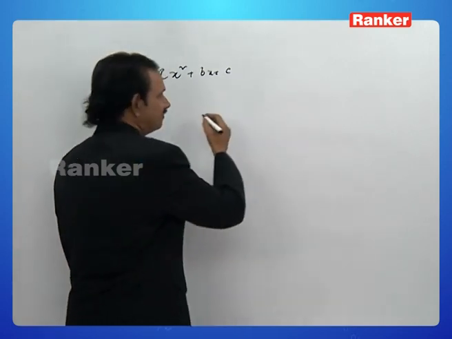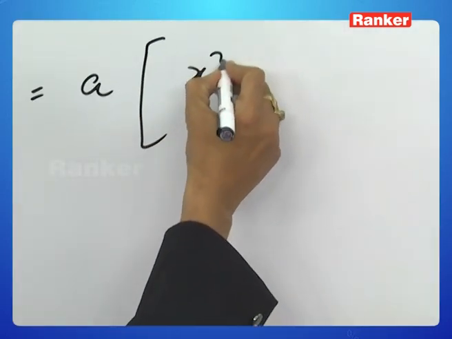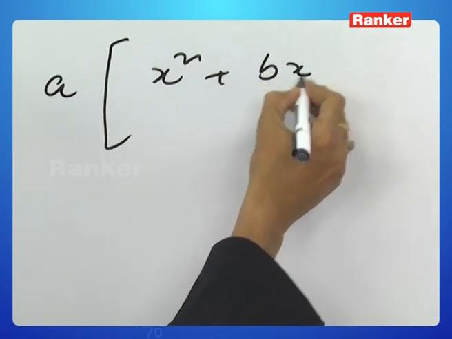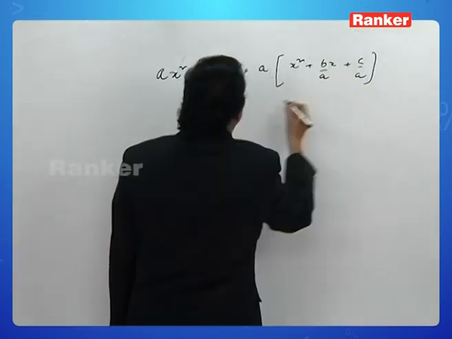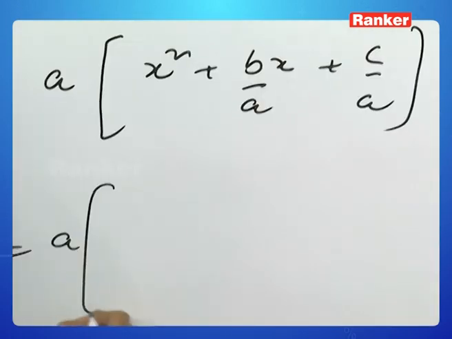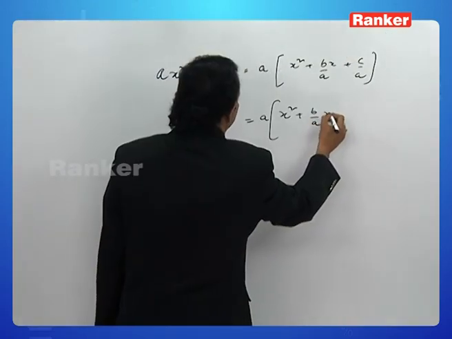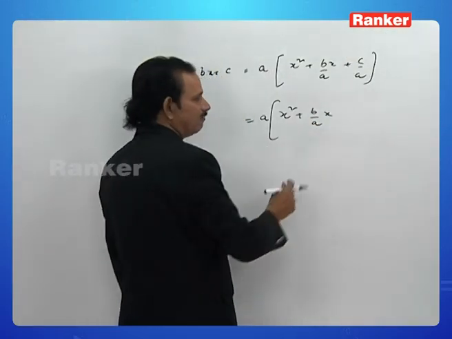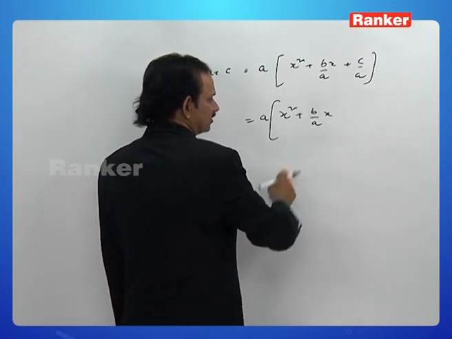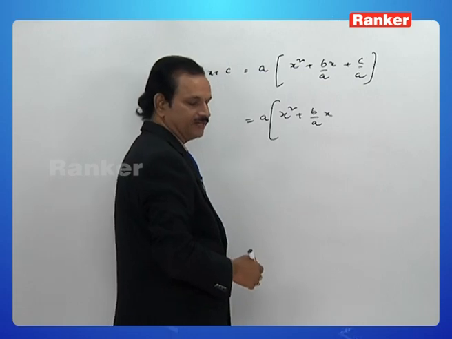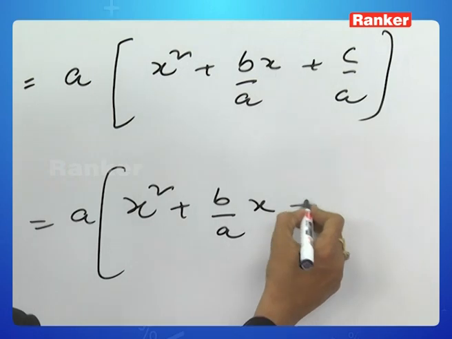Let us simplify this in another way. This is a into x square plus bx by a plus c by a. This is equal to a into x square plus b by a into x. Let us now try to view this as a perfect square. Here the coefficient of x is b by a, half of it is b by 2a, square of it is b square by 4a square.